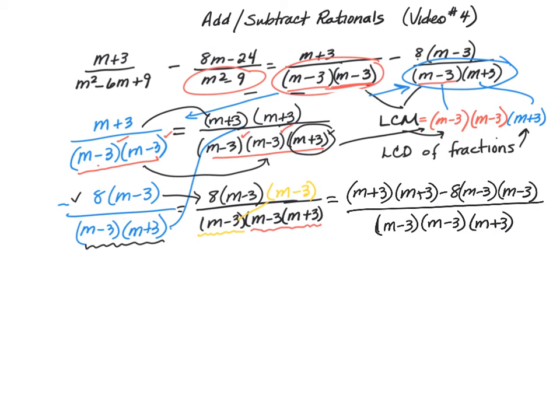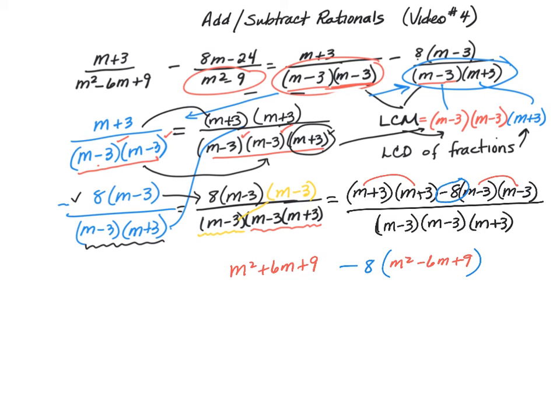And before I can be totally finished, I have to multiply together these two, which will give me m squared plus 6m plus 9. I have to multiply together these two, which will give me m squared minus 6m plus 9. Then I'm going to have to multiply this negative 8 by everything that is in here.